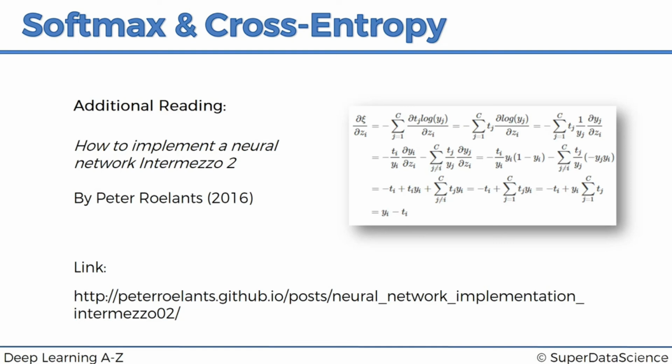So that's why it's called intermezzo. No other reason, as far as I understand. The article is by Peter Roelants, 2016 as well, so both are quite recent. Check this out if you would like to dig into the mathematics behind softmax and cross entropy.